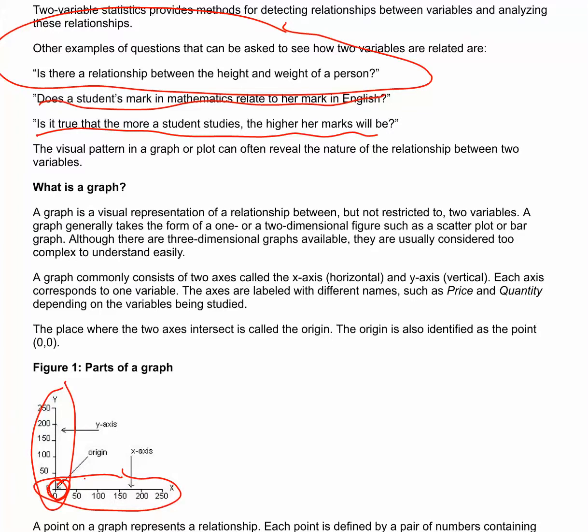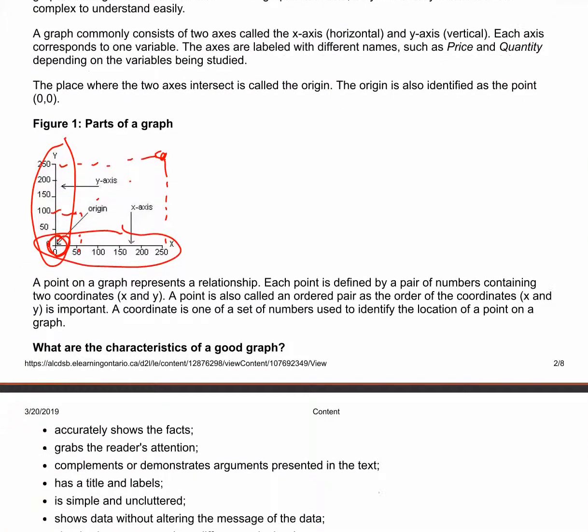Now each point on the graph represents different stats, and it correlates to a value on the x-axis and a value on the y-axis. Like if I had a point way up here, it'd be around 250 and around 250, right? You always go x first, just so we know the point goes x, y. That's a terrible y, sorry about that.